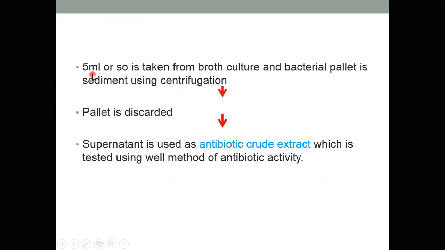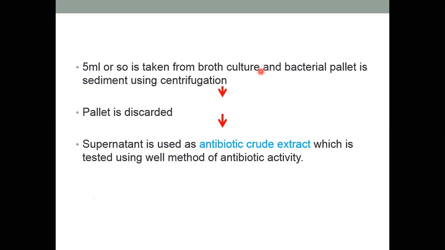Then what you're going to do is take 5 ml or so from the broth and centrifuge it, and once you centrifuge there's going to be a pellet formation. The pellet is the growth and cell mass of the microorganism, and it's going to settle down making a pellet.